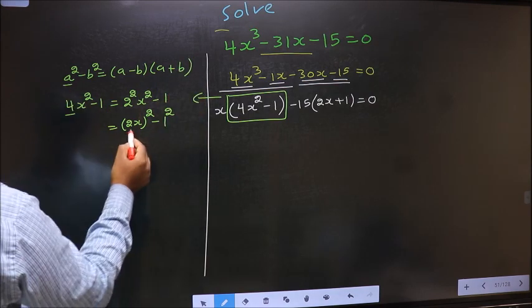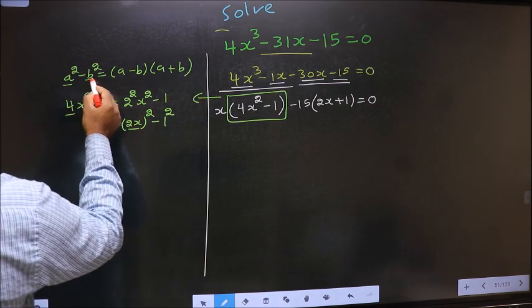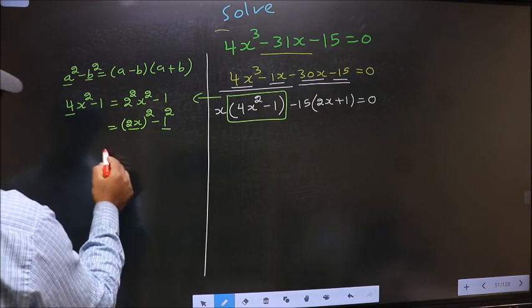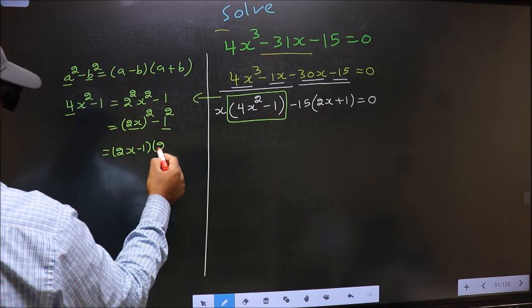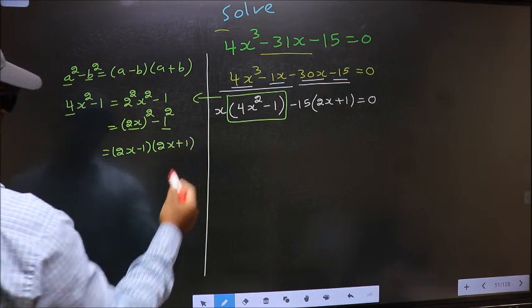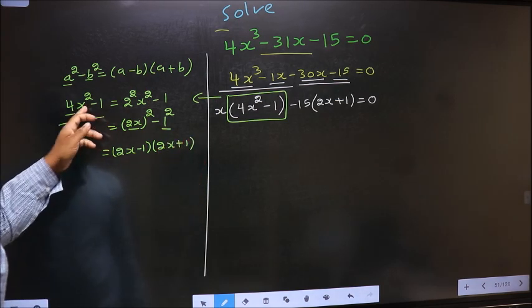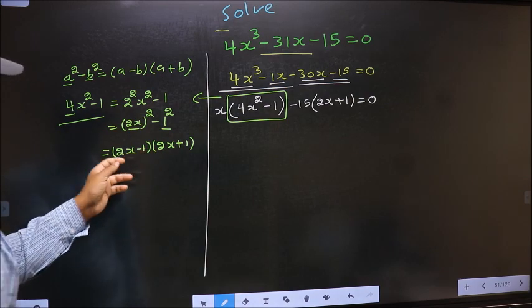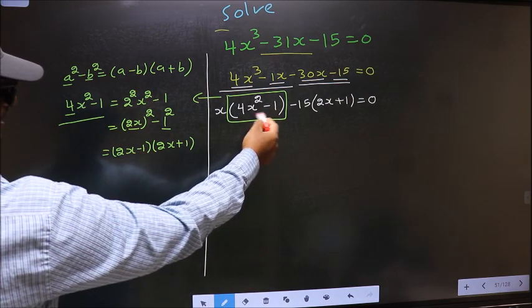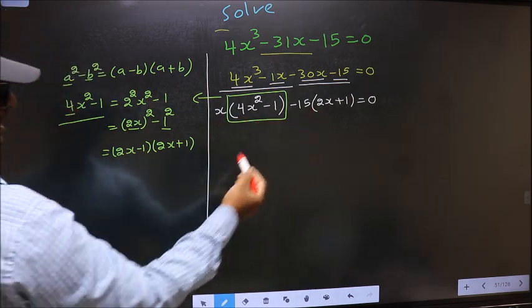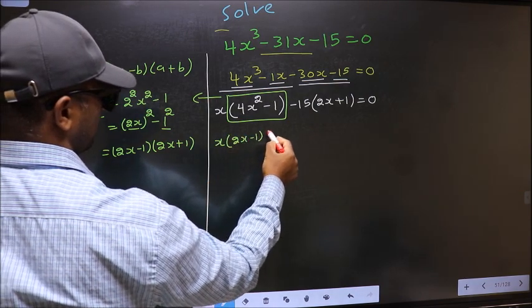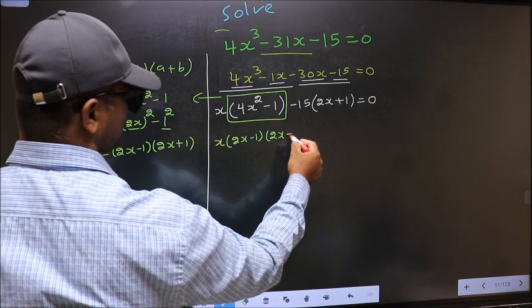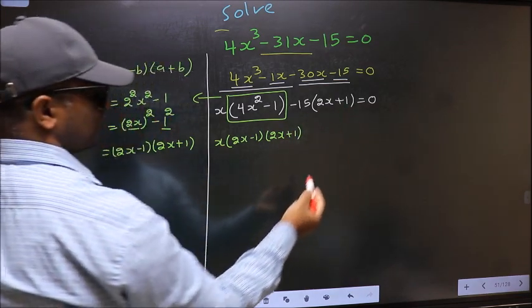In place of a we have 2x, in place of b 1. So we get 2x minus 1 times 2x plus 1. Now in place of this quadratic we write this over here. So this equation becomes x times 2x minus 1, 2x plus 1, this no change.